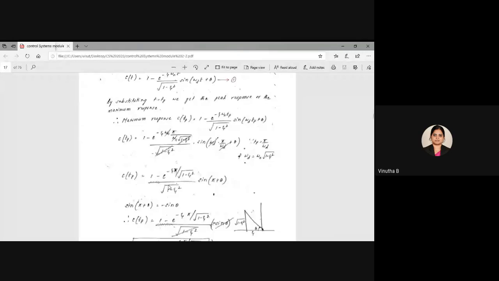Since we can simplify this further, we expand that omega d into sine of omega d into Tp, and there is omega d here, so that's why I have retained Tp as pi by omega d, plus theta. So these terms will get cancelled, and finally we are left with C of Tp is equal to 1 minus e to the power minus zeta pi divided by square root of 1 minus zeta square, divided by square root of 1 minus zeta square, into sine of pi plus theta.